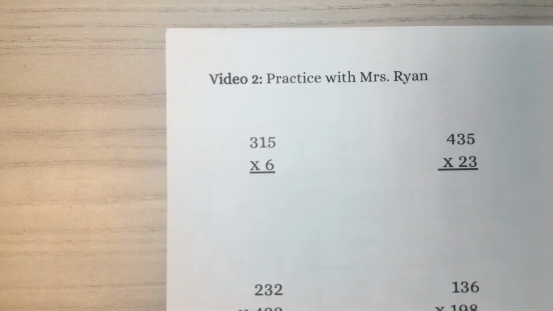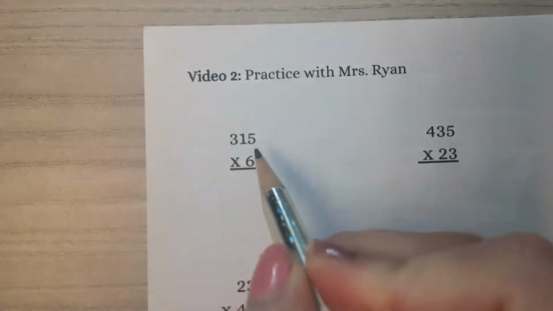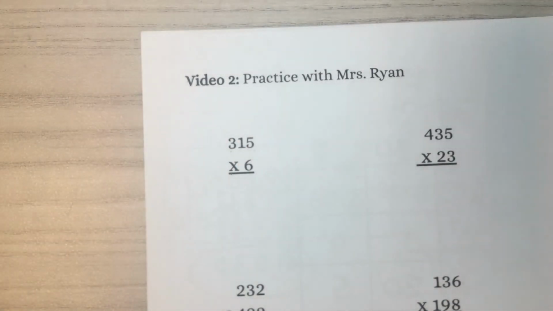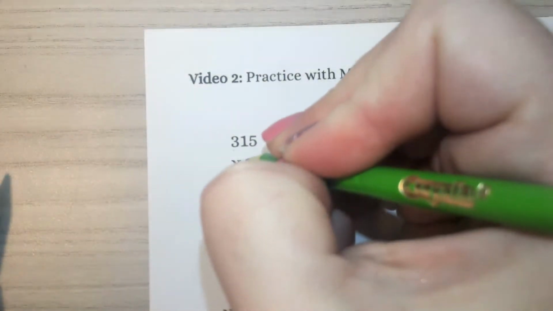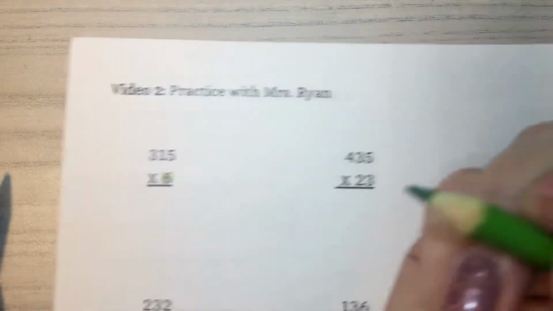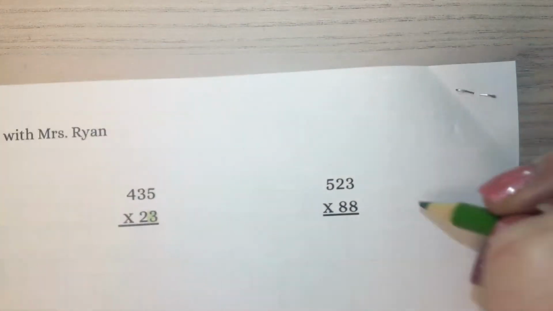We're looking for the product, or the answer, of a multiplication problem of 315 times 6. So we're going to use the same color strategy that the instructor used in Math Antics. For the ones place, we're going to use green. So actually on this next one, I'm going to go ahead and put the ones place in green.